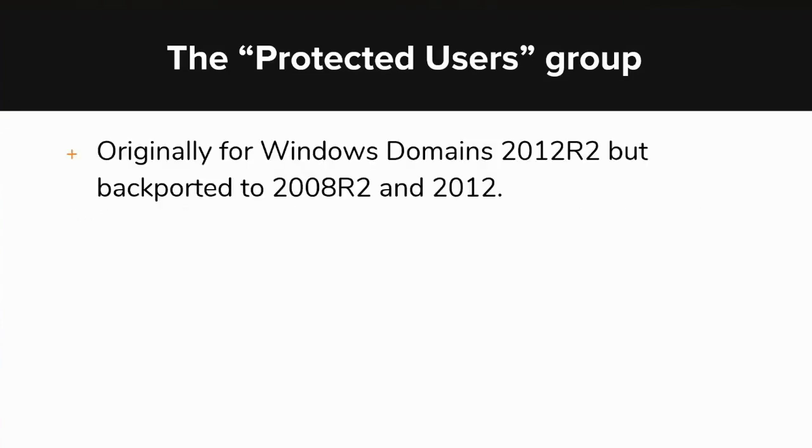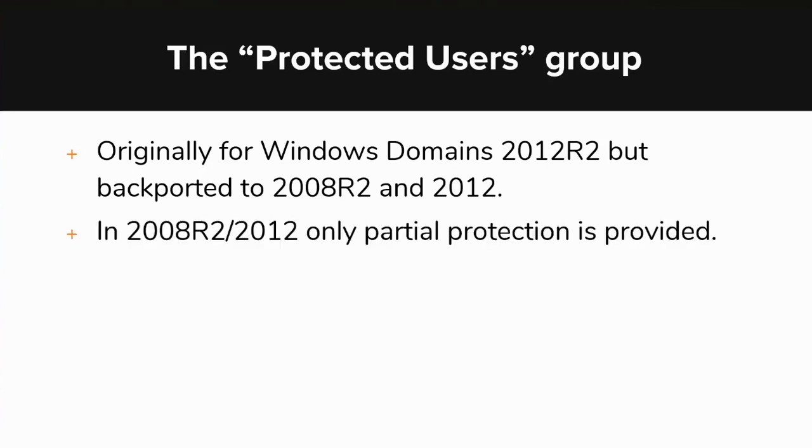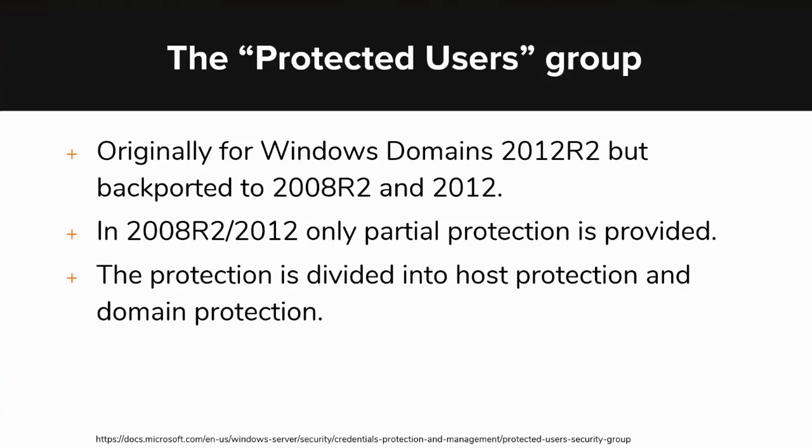Now, the group originally came in Windows Server 2012 R2, and later it was backported to 2008 R2. Even though it was backported, some of the functionality is only partially there. It's not as good as in 2012.